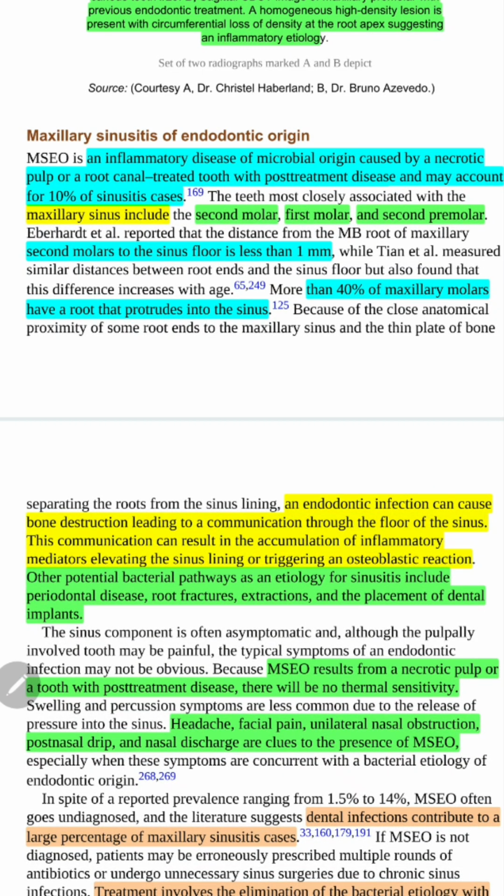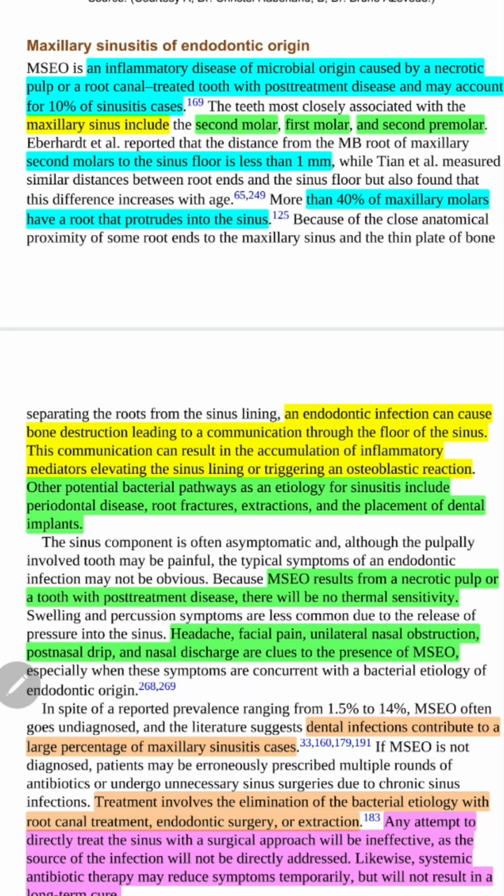This endodontic infection can cause bone destruction, leading to a communication through the floor of the sinus. This communication can result in the accumulation of inflammatory mediators, elevating the sinus lining or triggering an osteoblastic reaction. So, the maxillary sinusitis of endodontic origin results from a necrotic pulp or a tooth with post-treatment disease.